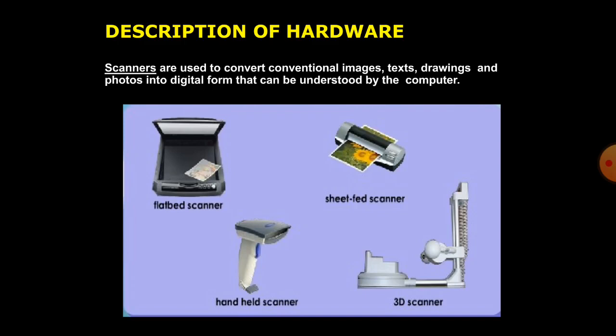These are the different scanners we are having. By using any one of these scanners, we can convert the images or texts or drawings into digital form where the system can understand.